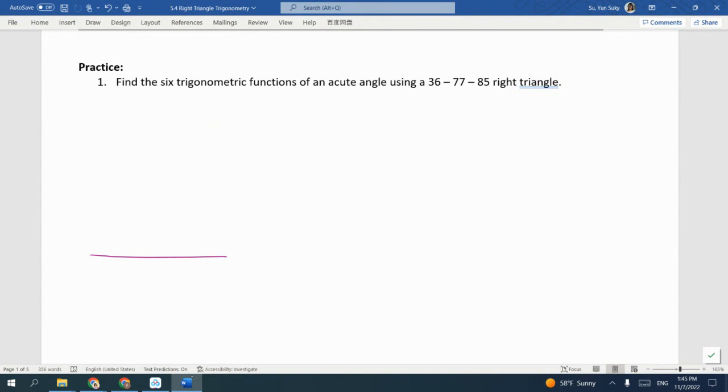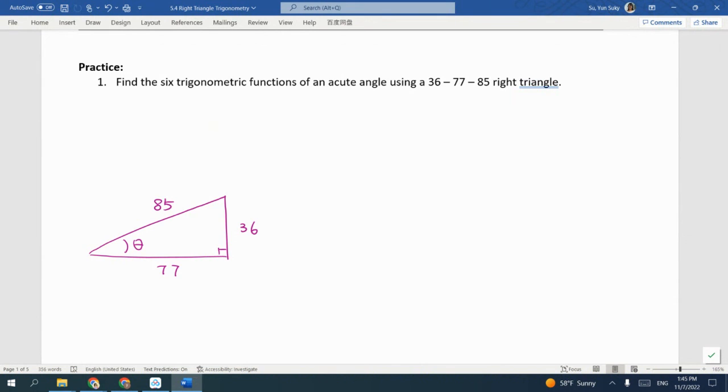This picture is not so good. 36 is so small, so let this be 36, and then 77. 85 is the biggest side, and you know the biggest side must be the hypotenuse. Right, everybody? Then we let this angle be theta.